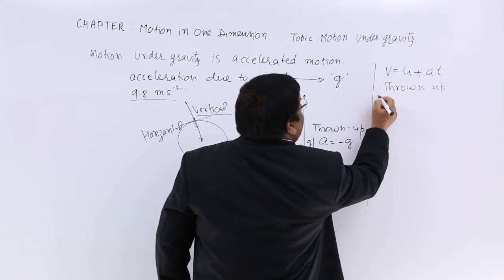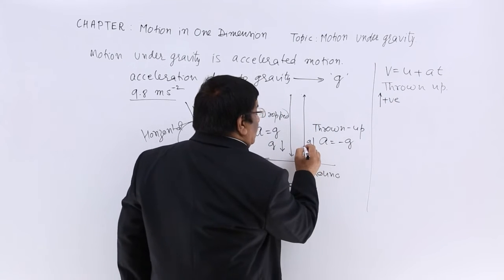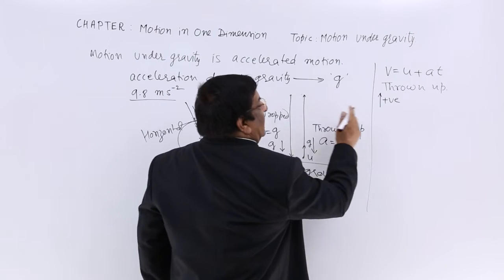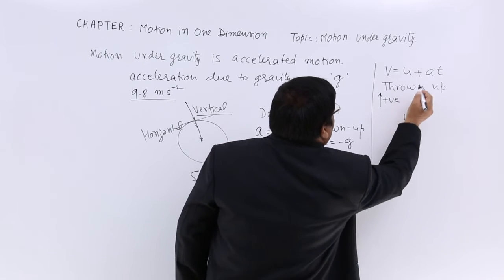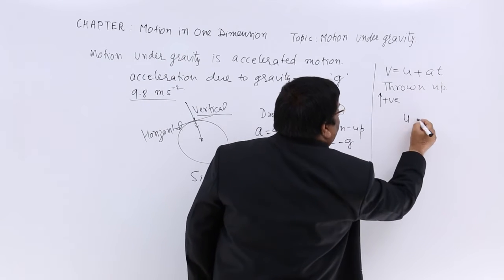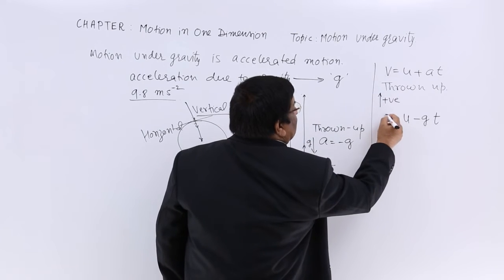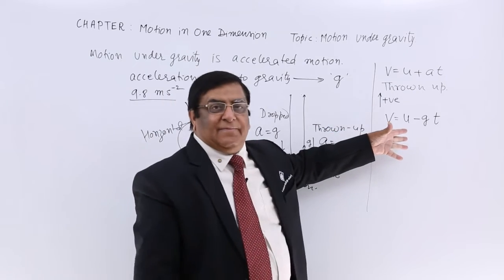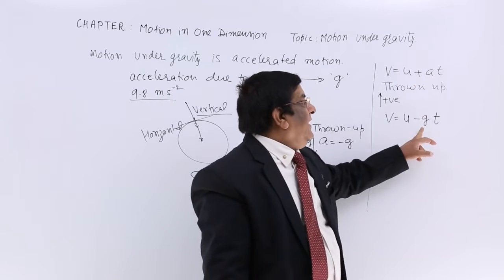I take positive in the upward direction. Then I am throwing it up, so u, the initial velocity, is in the upward direction, so that is positive. Then acceleration is acting in the downward direction. So when I put the value of a, I put it minus g, and t has no direction. So this equation converts to v is equal to u minus gt, where g has a value of 9.8 because I have put the value of a.